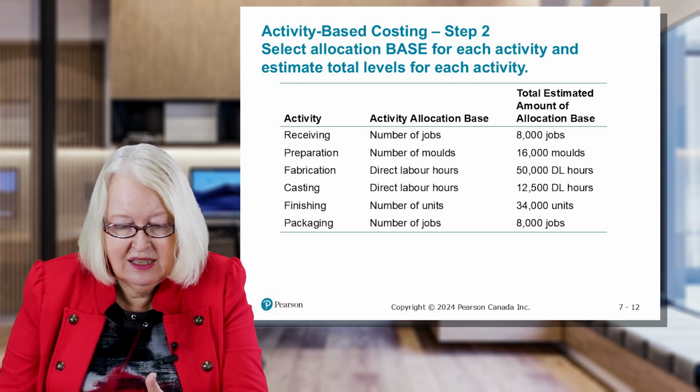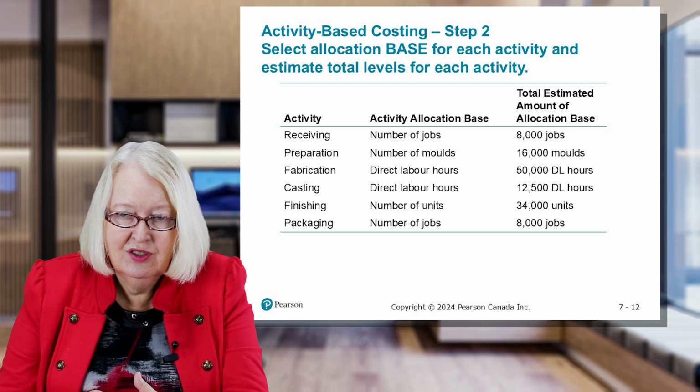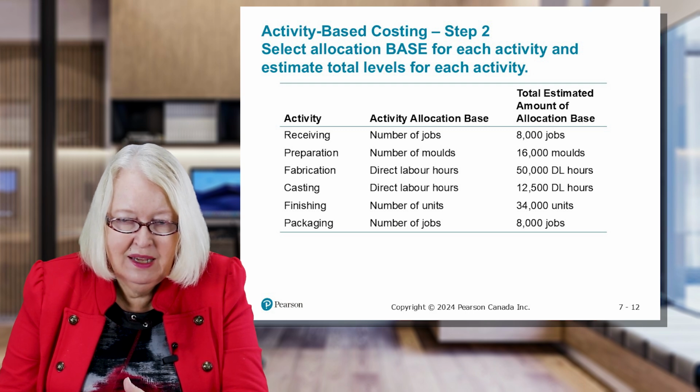Casting, again the allocation base would be hours, so it's 12,500. Finishing, the number of units you would finish, 34,000. And then packaging, you're not packaging on a per unit basis, you're packaging several products together, so it's a job, so it's 8,000.